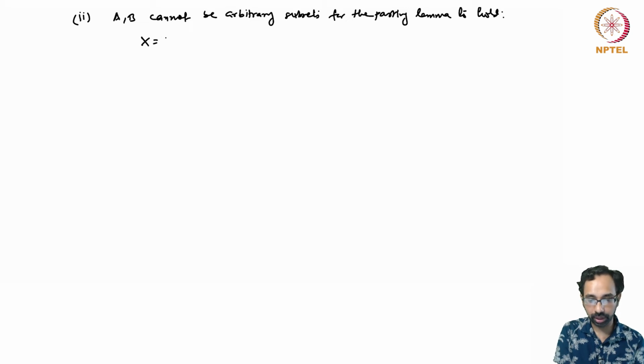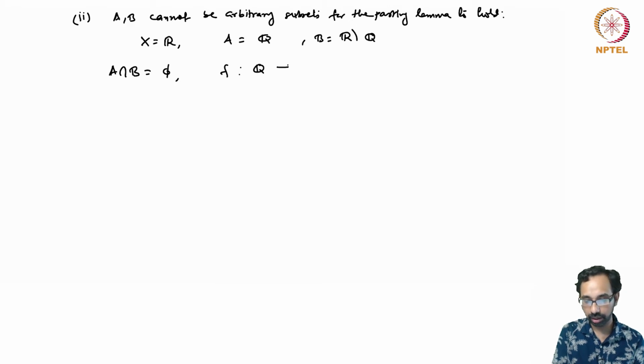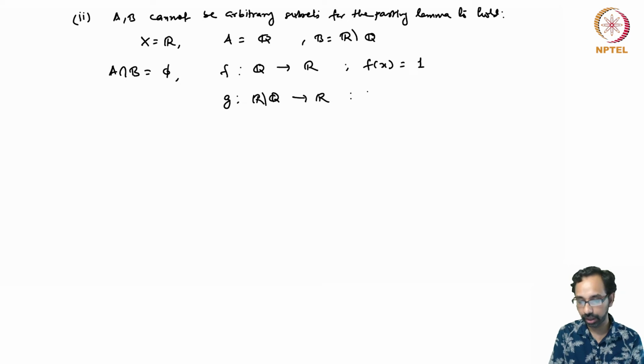So for example, if you take X equals R, A to be the rationals and B to be the irrational numbers, then A intersection B is the empty set. So if you take f from Q to R defined by f(x) equals 1, the constant function, and g from R minus Q to R defined by g(x) equals 0, then these are constant functions and they are continuous, as we have seen in the first part.